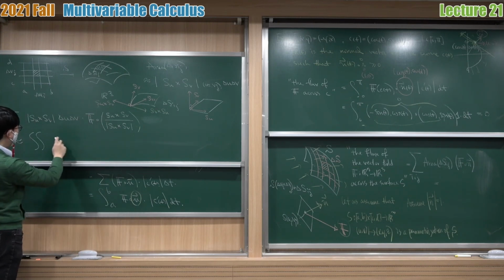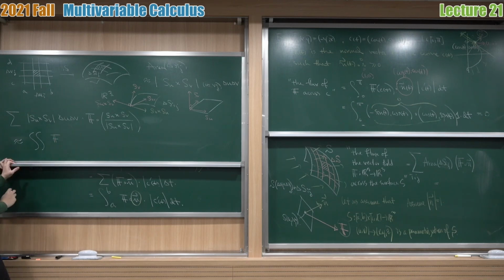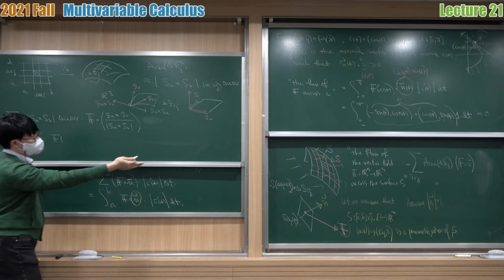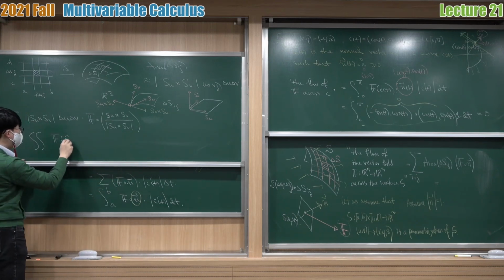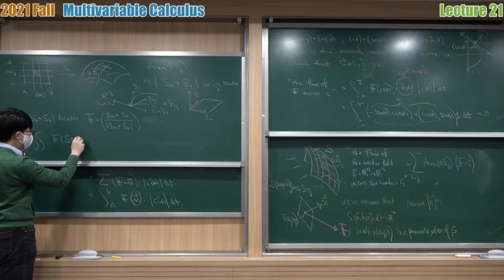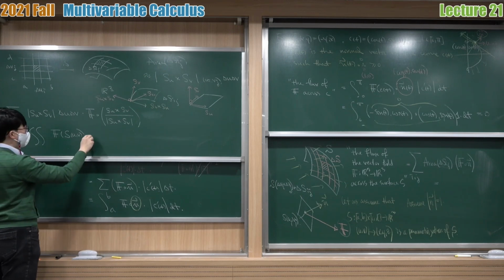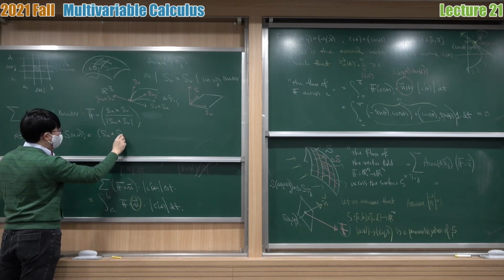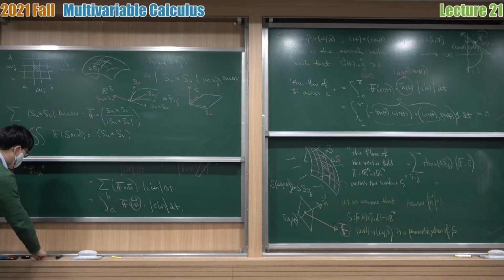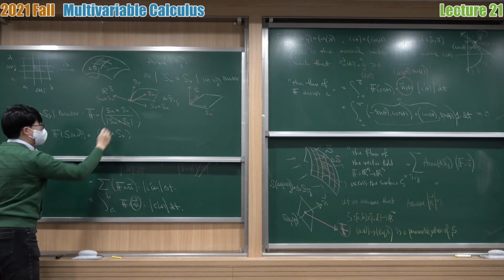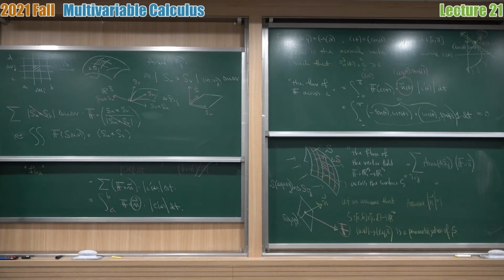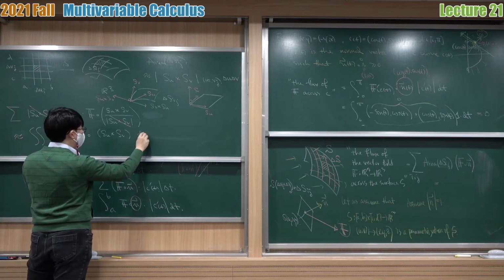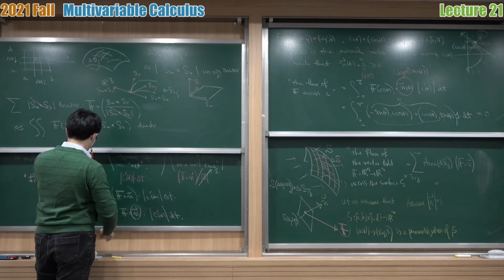So we have F in terms of u, v, because you substitute your parameterization here, and then you take the inner product with Su cross Sv, and then what happens to these two norms? They cancel out, right? So we don't have this anymore, and du dv, right?